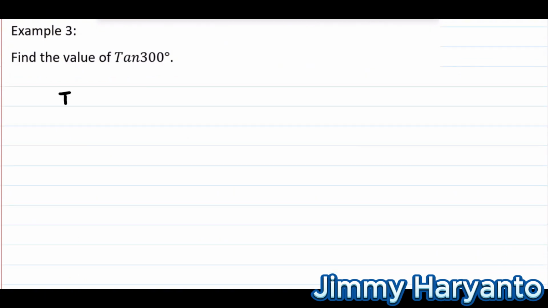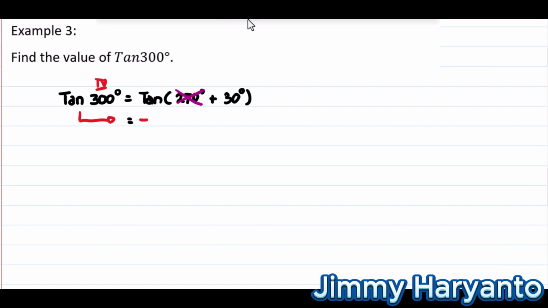Next is tan 300. Tan 300 lies in the fourth quadrant. That means the nearest benchmark is 360 degree. It will be minus 60 degree to become 300. That means in the fourth quadrant tan will be negative. I will put the negative first, and then I will, sorry, we have to use the 270. 270 degree plus 30, my bad.